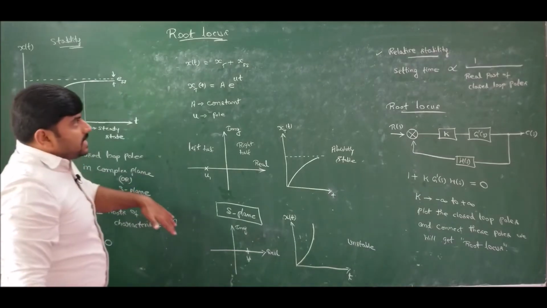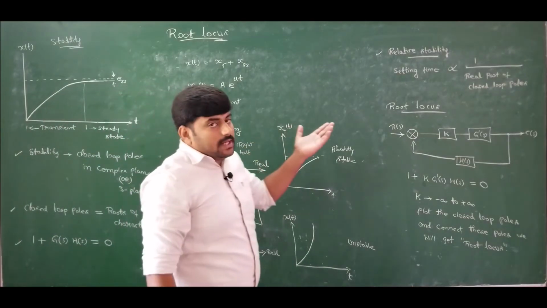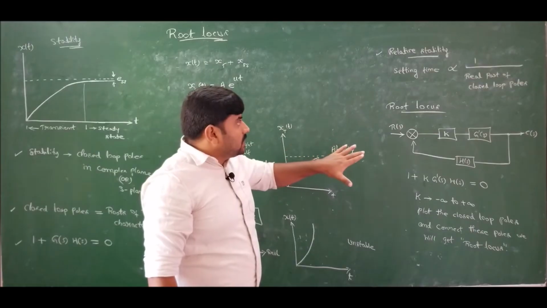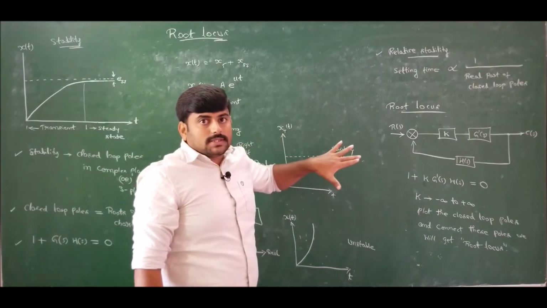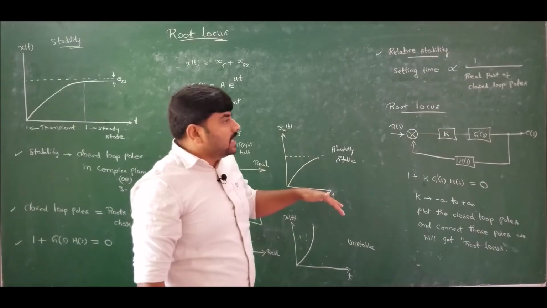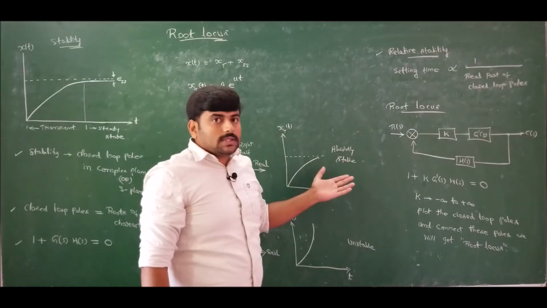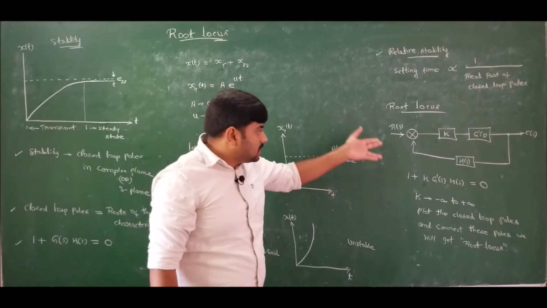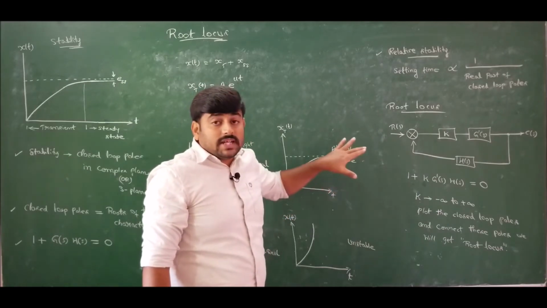Based on stability analysis and the relative stability concept, we understood the meaning of root locus. So let me pause this video for a while. Later I will take up what conditions we are going to get from the root locus, and I will demonstrate this explanation with a graphical representation.